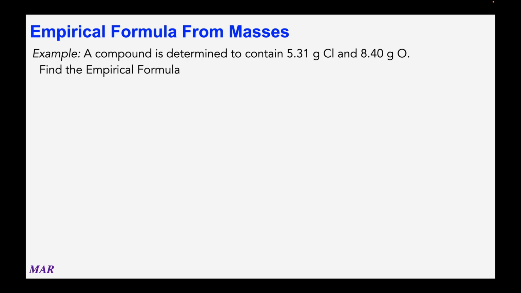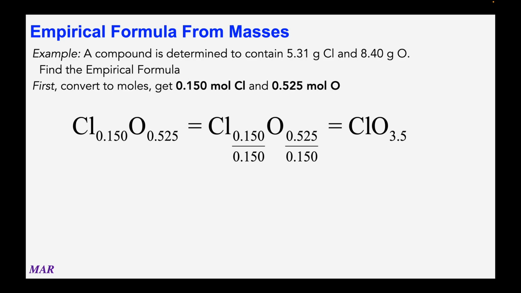So like before, grams to moles is the first thing for both chlorine and oxygen. So chlorine, if you do this, chlorine is 35.45. So 5.31 divided by 35.45 gets you 0.150 moles of chlorine. And this would be a good thing to practice to make sure you can get this.